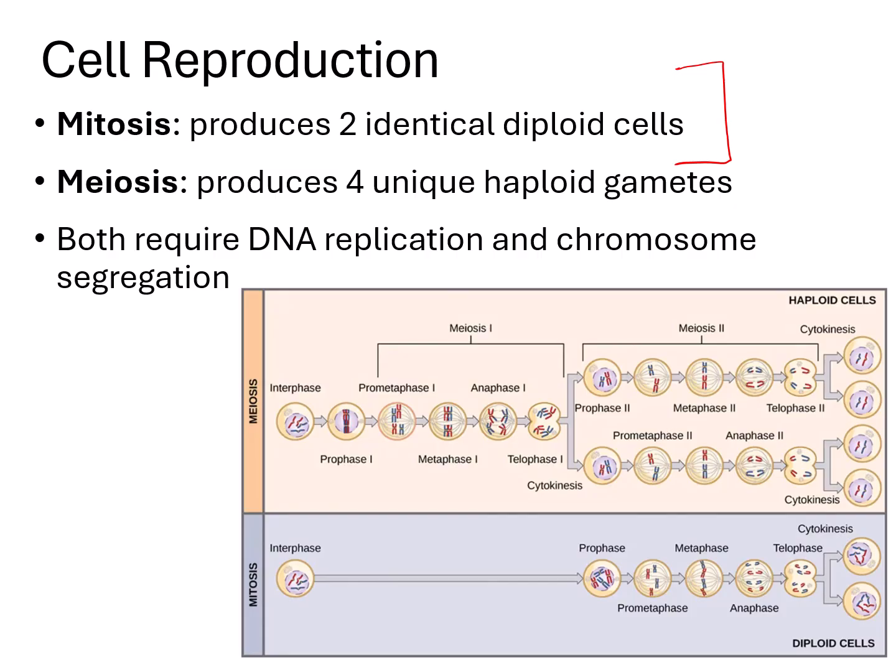Meiosis, in contrast, produces 4 unique haploid cells or gametes, and it's key for sexual reproduction. Both of these involve DNA replication, chromosome segregation, and spindle fibers, unlike prokaryotic binary fission, which is very simple and much quicker.